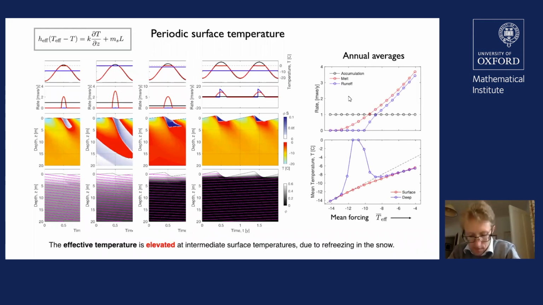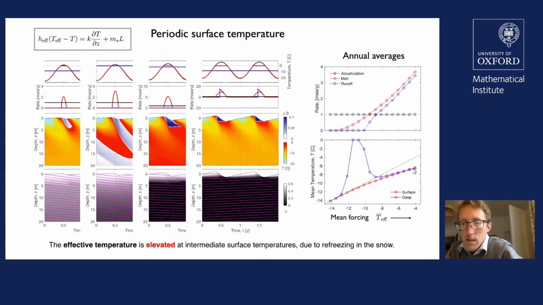So if you put all of that together, and this is how we're going to end this, then you find this plot down at the bottom right is the important one. As you increase the air temperature on average, the temperature of the bottom of the snowpack is the blue line. So when there's no melting at all, they're the same. The snow is just the average air temperature.